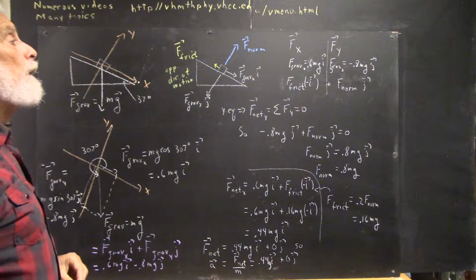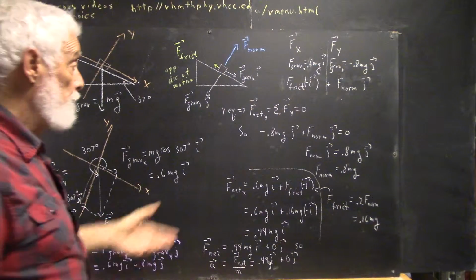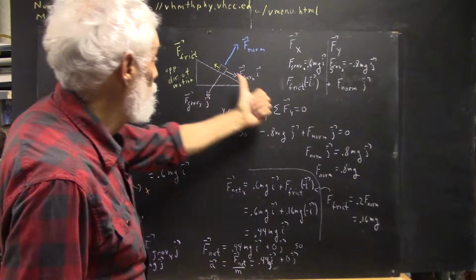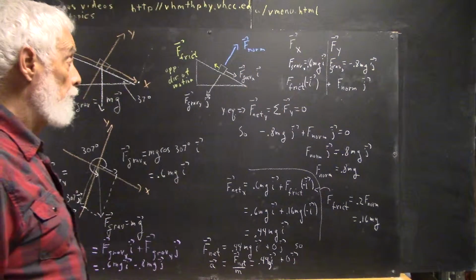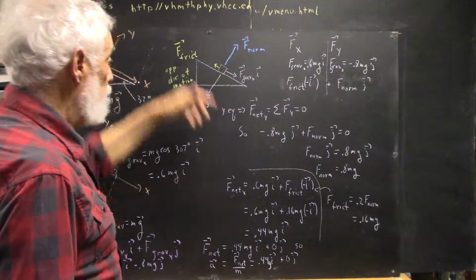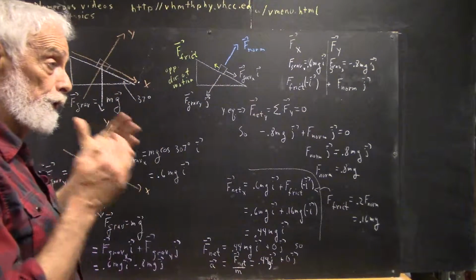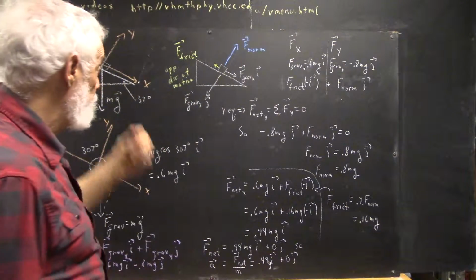It's because friction acts in the direction opposite motion, so any motion on this incline will either be down or up. If the motion is up, the frictional force will be down the incline. If the motion is down, the frictional force will be up the incline because the frictional force resists the motion.